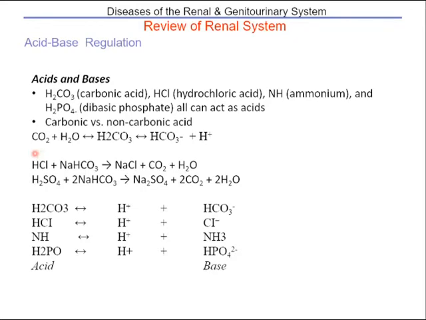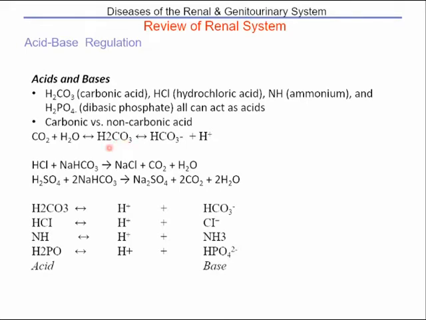You have your carbon dioxide produced by the breakdown of your carbohydrates and fats plus water in the bloodstream. So when it's dissolved in aqueous solution, your carbon dioxide can combine with water, H2O, to produce carbonic acid.